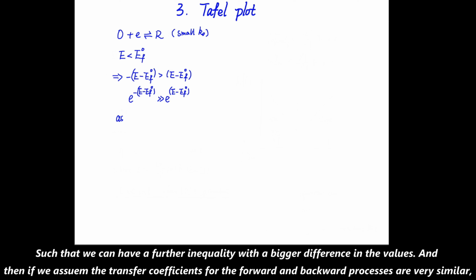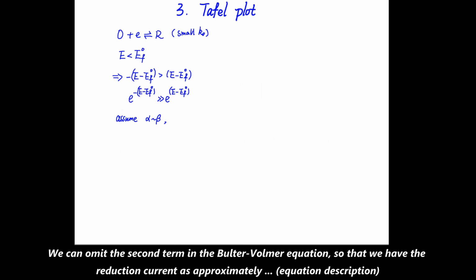And then if we assume the transfer coefficients for the forward and backward processes are very similar, we can omit the second term in the Butler-Volmer equation, so that we have reduction current is approximately F A k0 e to the power of minus alpha F times the potential difference, divided by RT times the concentration of O.